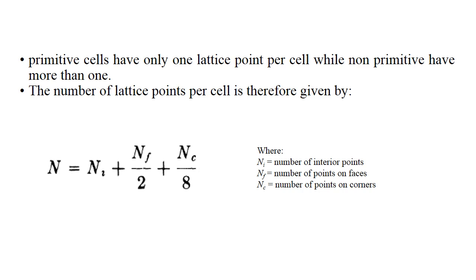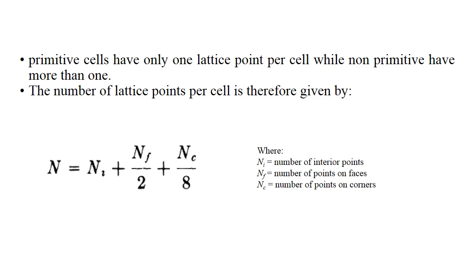The number of lattice points per cell is therefore given by n is equal to ni plus nf over 2 plus nc over 8, where ni is the number of interior points, nf the number of points on faces, and nc the number of points on the corners.